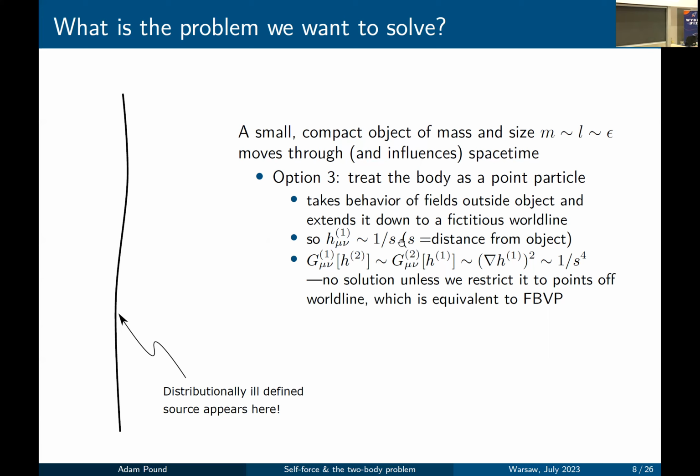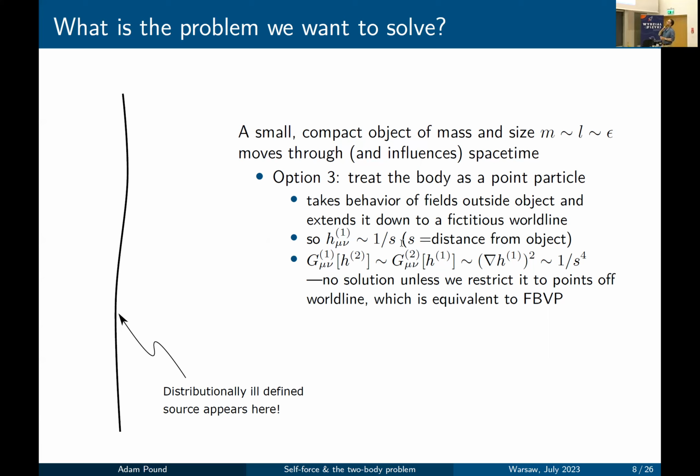So here, S is some kind of measure of distance from the body. At linear order, that's totally fine. It's perfectly fine to have a singularity like this at linear order. And we'll get back to proving it's okay a bit later.